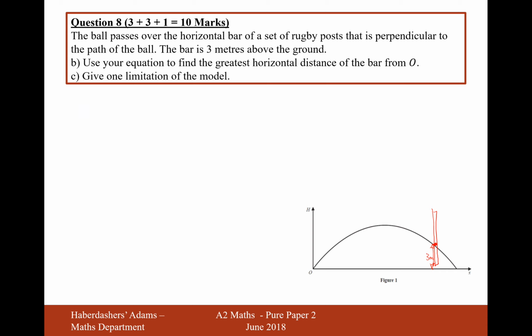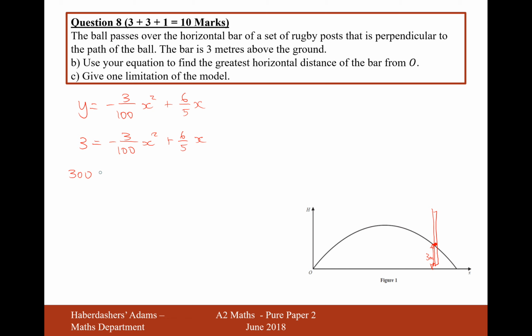So we've got y equals minus 3 over 100 x squared plus 6 over 5 x. We want the y coordinate to equal 3, so let's set it equal to 3. We'll solve the equation for x afterwards. Let's now times everything by 100.